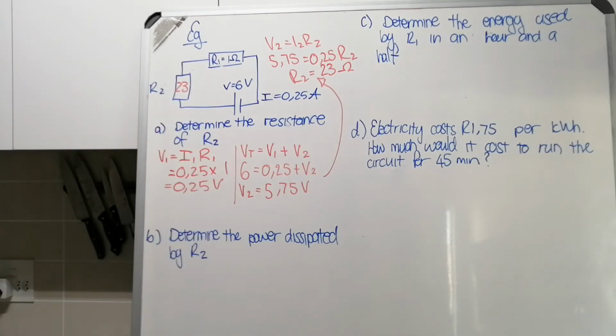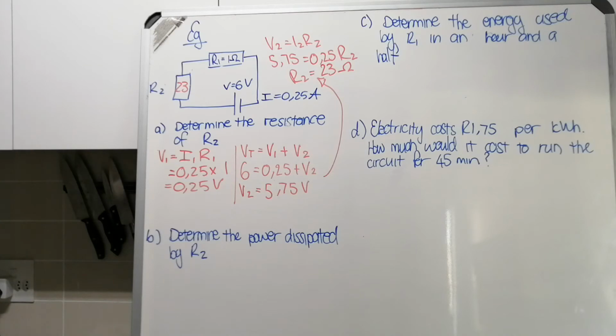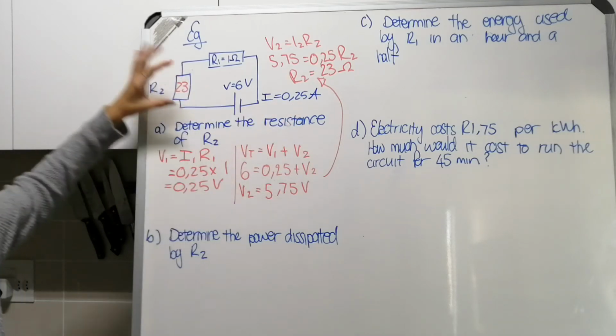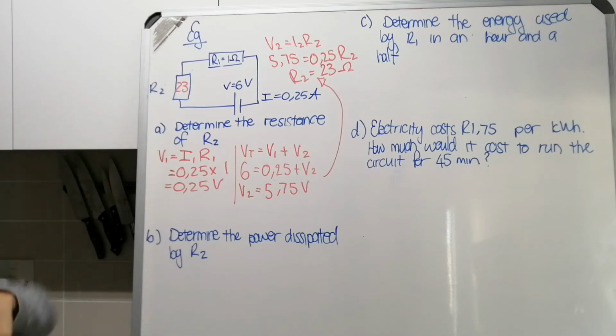Question B. Determine the power dissipated by R2. We now know enough information, after the way I've done it here, to pick any of the three formulae. We know the current here is 0.25, we know the potential difference is 5.75, and we know the resistance is 23 ohms.